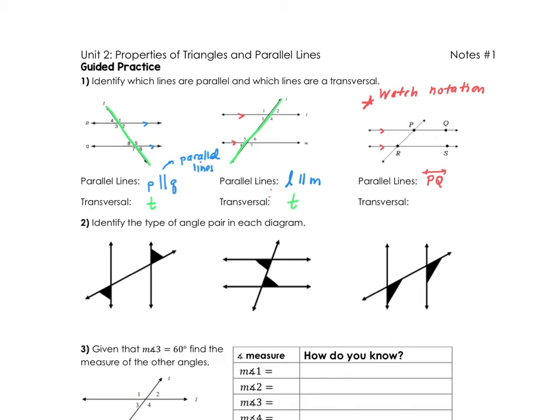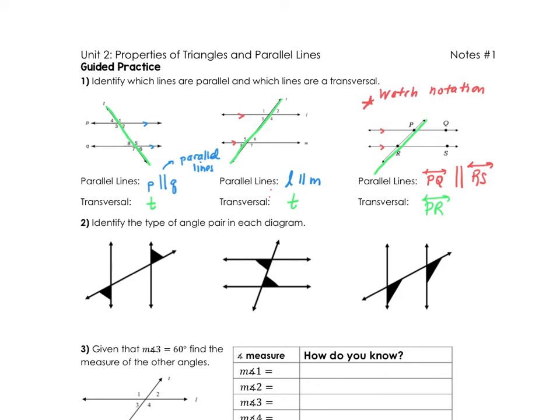We just have points on the line, so use the 2 points on the line symbol. And we're going to say line PQ is parallel to line RS. Our transversal in this case is this line, PR. So PR with a line symbol.